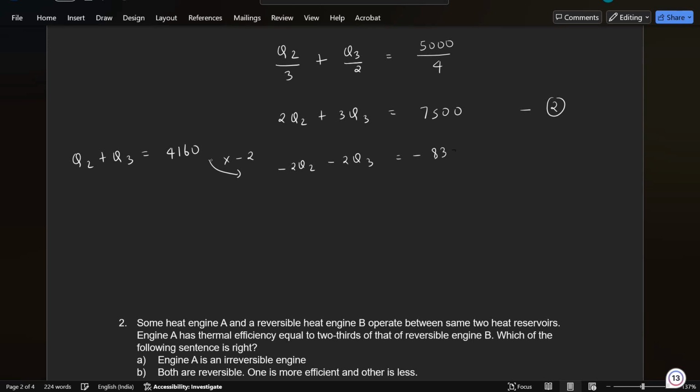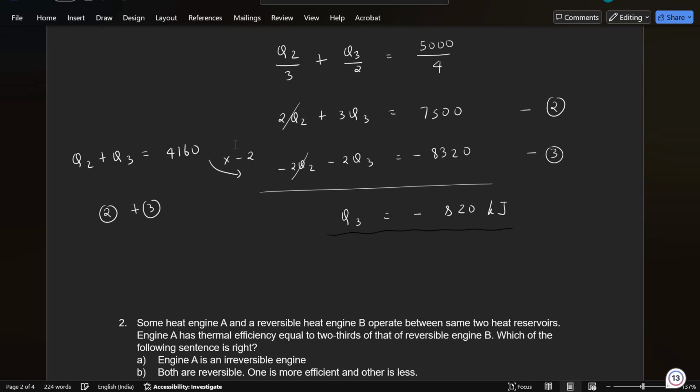Let's say this is equation 3. If we add equations 2 and 3, these two will get cancelled. We are left with just Q3, which is going to be equal to minus 820 kilojoules.